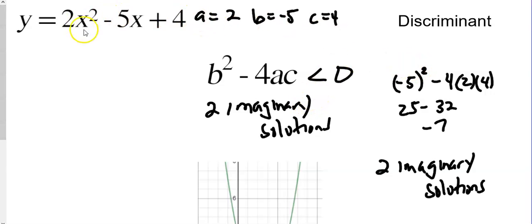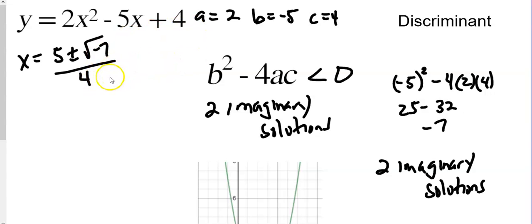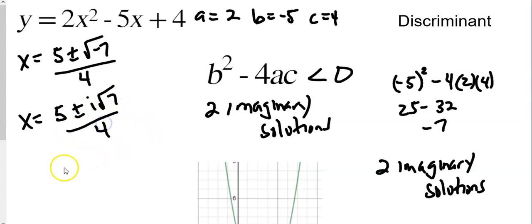Given that I have already done the quadratic formula, well, if I use the quadratic formula, I've done the discriminant part. So this would be x is equal to 5 plus or minus the square root of -7 over 4, because a is 2, 2 times 2 is 4. So your answer, you would have to pull the i out: 5 plus or minus i square root of 7 over 4.